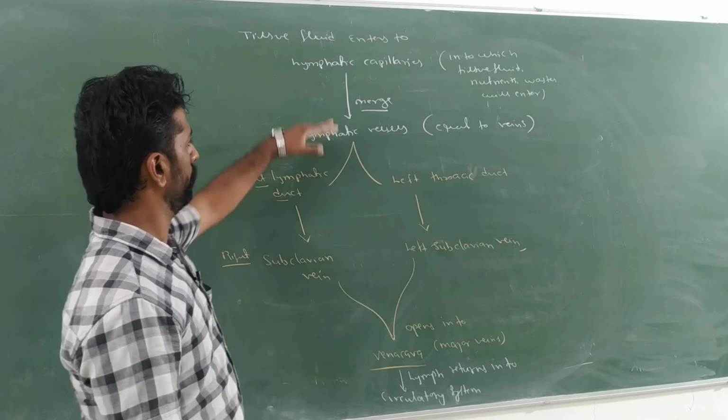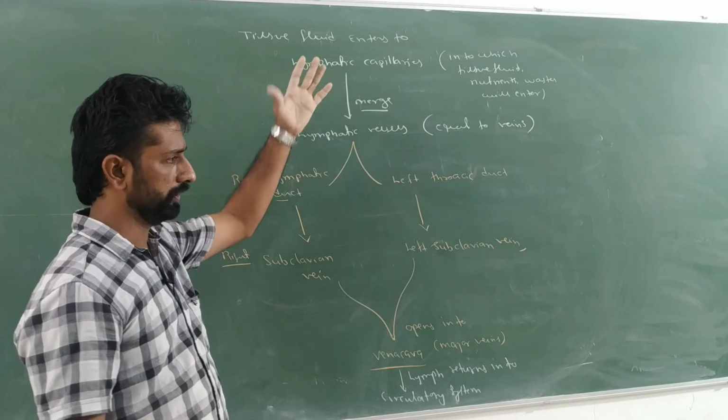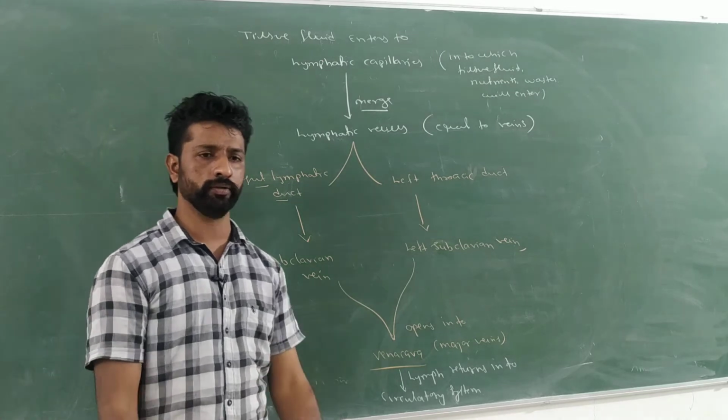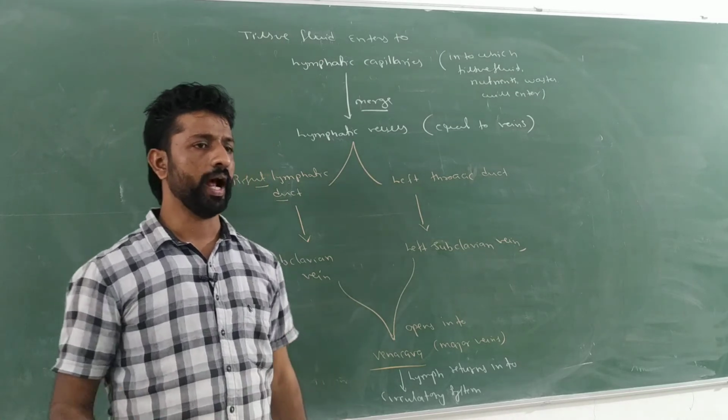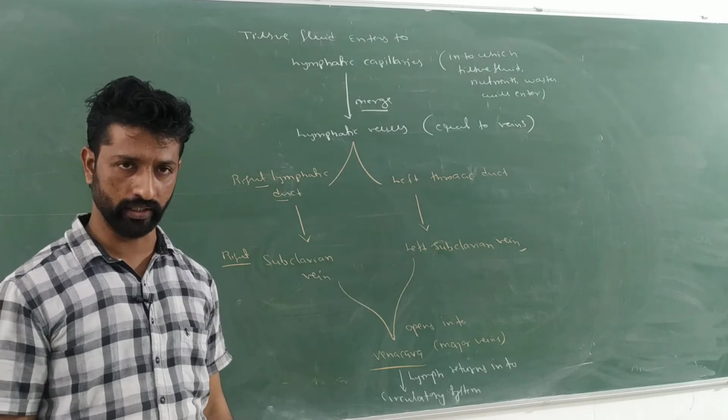When it leaves, it supplies the nutrients as well as the oxygen to the body tissues, and in return it carries the carbon dioxide and the wastes released from the tissues.